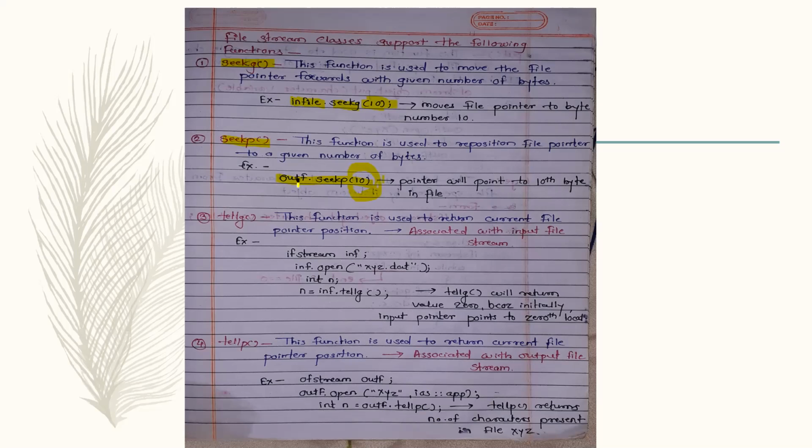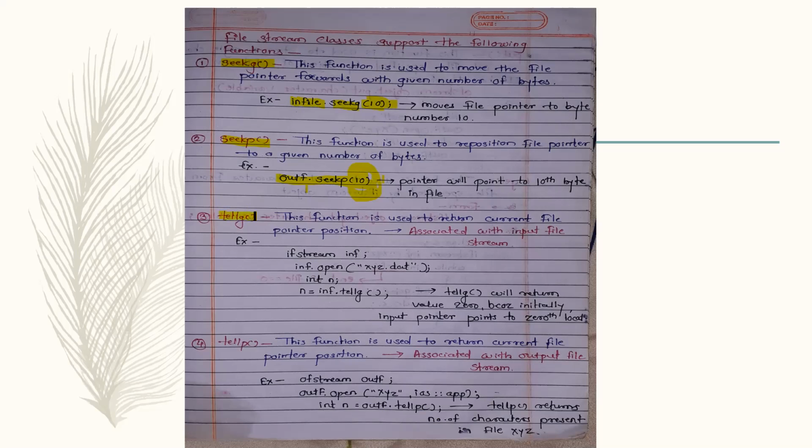For example, object dot seekp function and 10. This moves the pointer to point to the 10th byte in a file. If you want to go to the 20th or 100th position of the file, then specify only that position here.